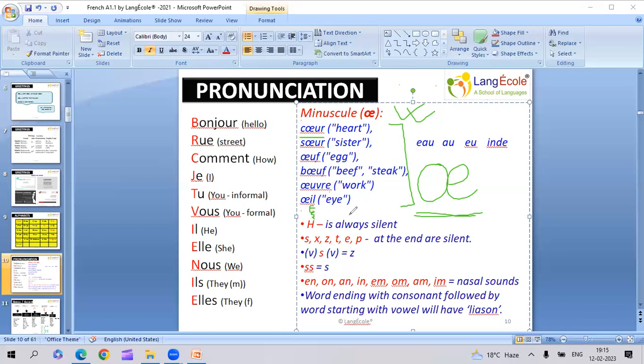After I, which is E in French, if there is an L or double L at the end, both L or double L will become silent again. So this word will be pronounced only till E.